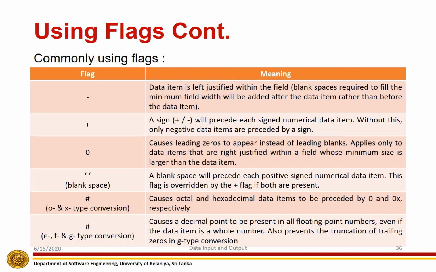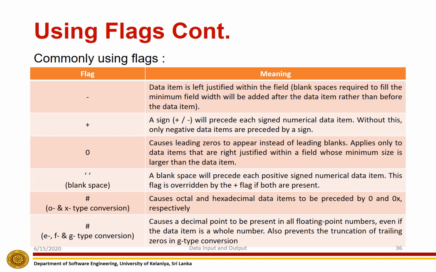This flag is overridden by the plus flag if both are present. And the next one is hash with the o or x type conversion. We are using that. It causes octal and hexadecimal data items to be preceded by 0 and 0x respectively.